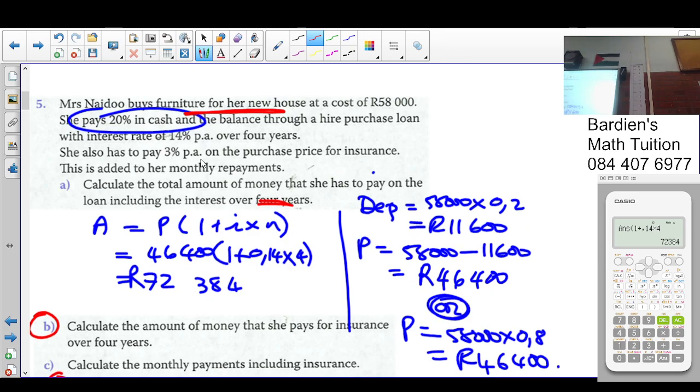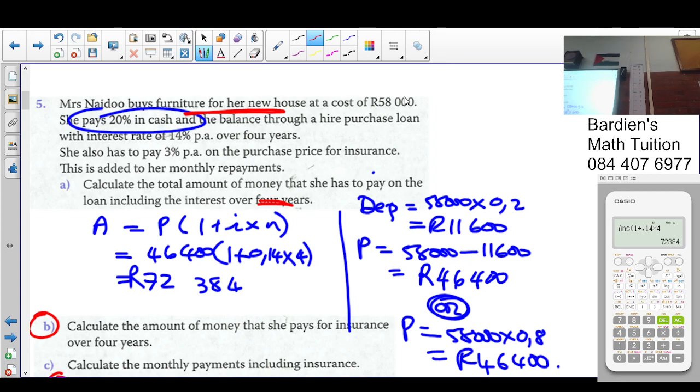What does per annum mean? Per year. You also pay 3% on the purchase price. What is the purchase price? Is it 46,400 or is it 58,000 rand? The purchase price is the original price, the cash price.